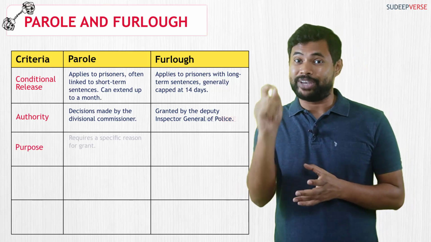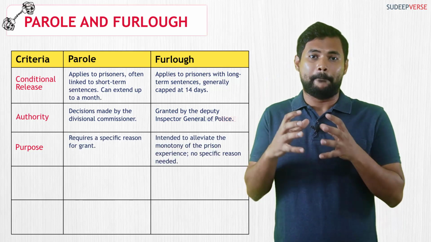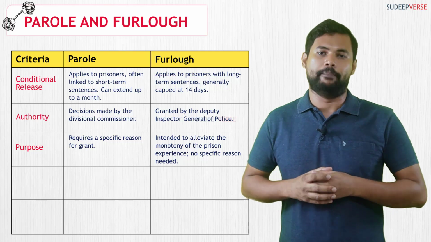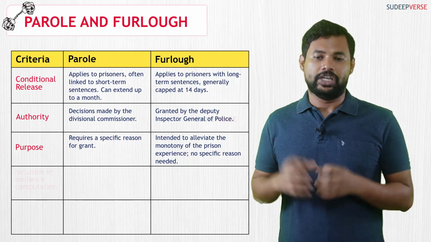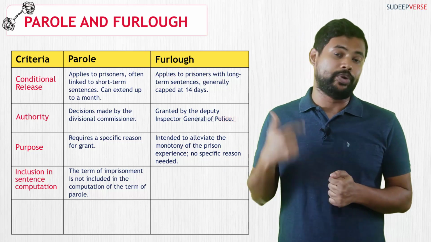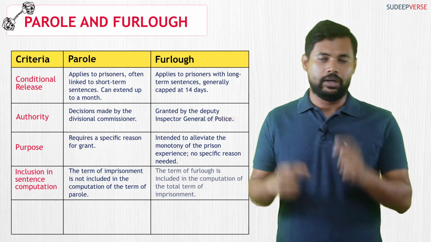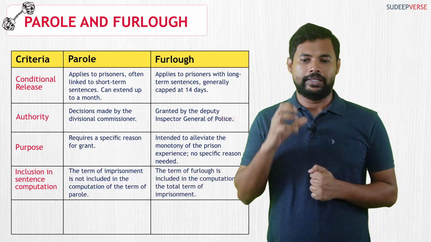For parole, a specific reason is required, whereas furlough is meant for breaking the monotony of imprisonment. The term of imprisonment is not included in the computation of the term of parole, whereas it is vice versa in furlough.